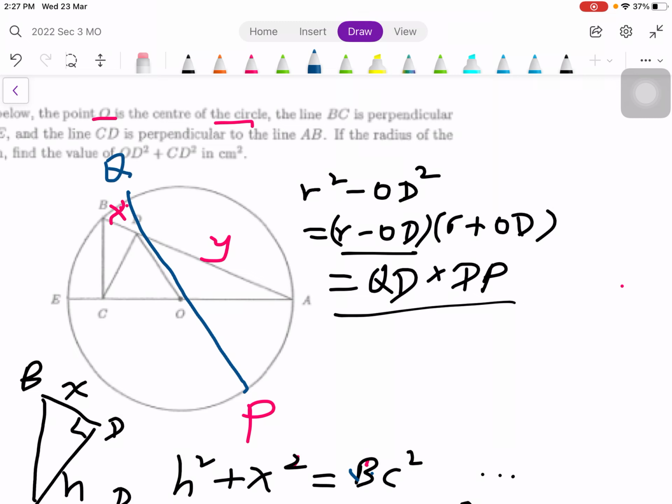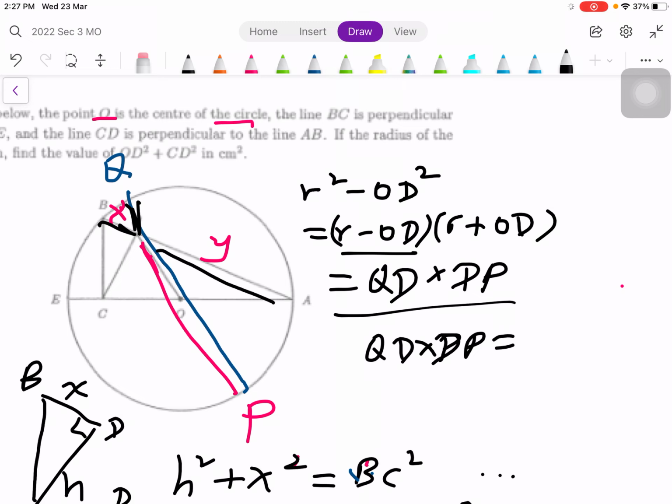Then by the intersecting chord theorem, let me just talk about it. In this case, can you see that QD, this distance here, multiplied by DP, that means this whole distance from here to here, is equal to x times y. This distance is x, and this distance is y.